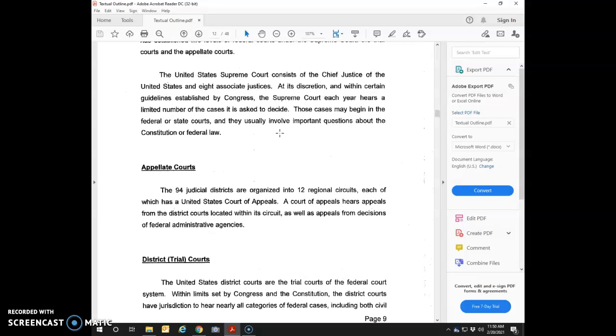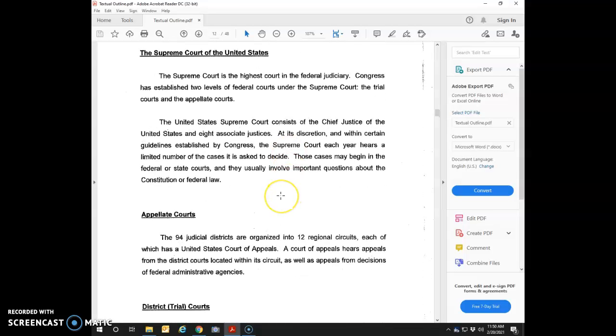Then as we finally go up the ladder, we have the highest court in the federal system, the Supreme Court of the U.S., which of course is in the capital city, Washington, D.C. The U.S. Supreme Court, by the way, can also hear cases coming up from the state court system if we were on the constitutional side of things.